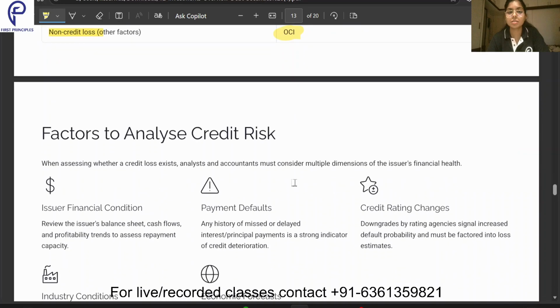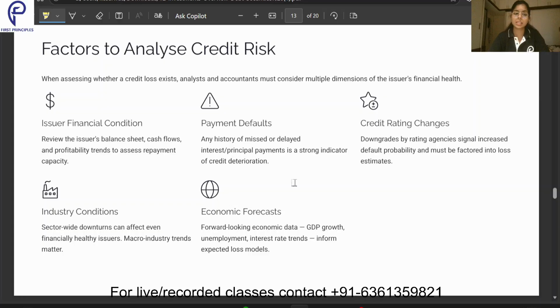What are the factors to analyze the credit risk? In order to understand whether a credit loss is there or not, we must consider multiple things. First, the financial condition of the issuer from whom we have bought the debt securities. Then if they have any history of delayed or missed payments, then credit rating changes. That means if there is any change in the credit rating of this particular issuer, or if the industry in which the issuer operates is seeing a downturn, then there's an indication that there could be a credit loss.